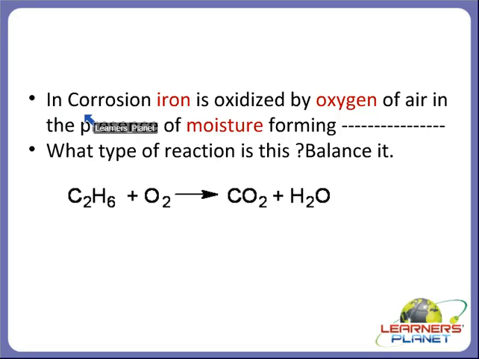In corrosion, iron is oxidized by oxygen of air in the presence of moisture, forming what? So what is the product formed in this, children? It is hydrated iron oxide. Clear?